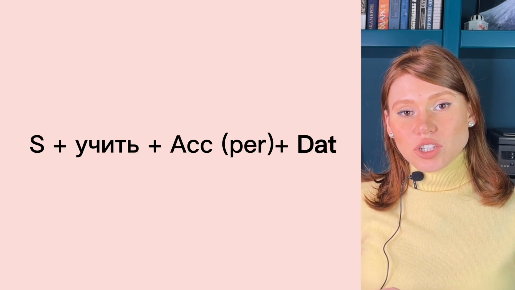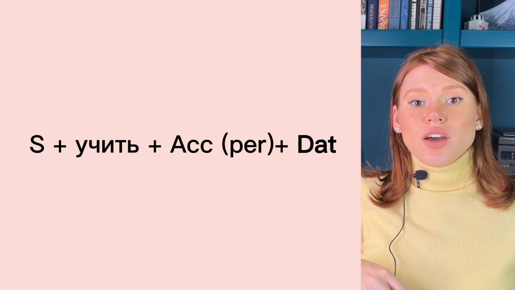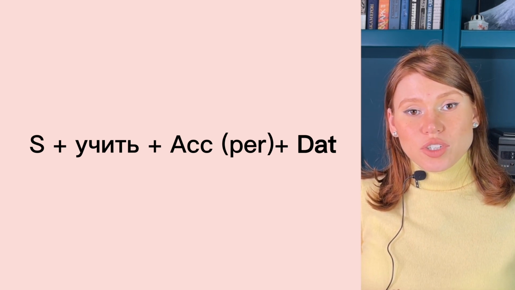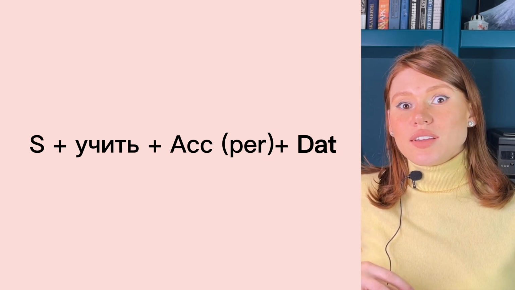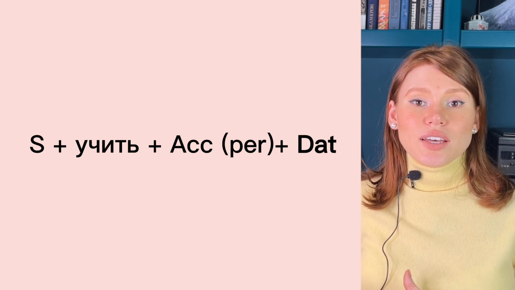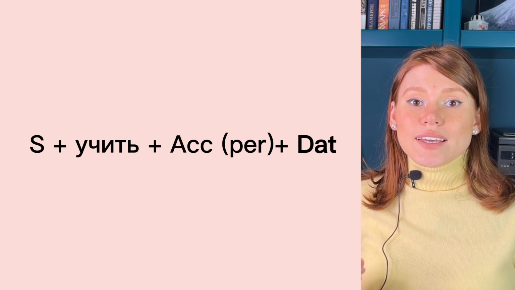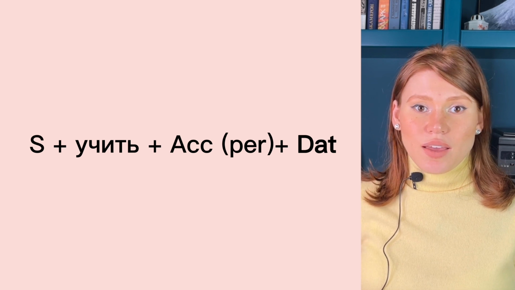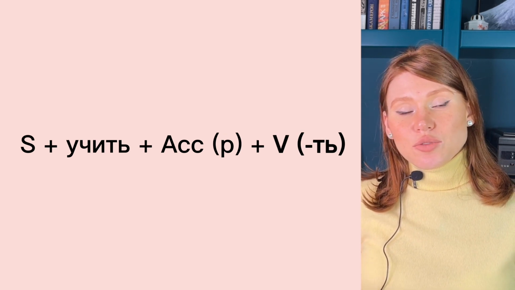So the construction looks like this: the subject of the action in the nominative, the verb учить. After that we use the accusative, the person in the accusative, and after that we use the topic or subject of learning in the dative case. But after the accusative we can also use a verb.